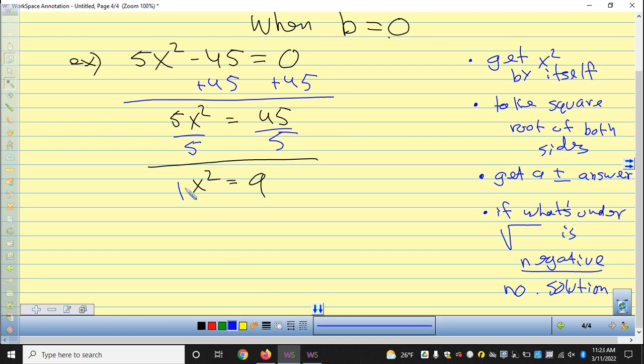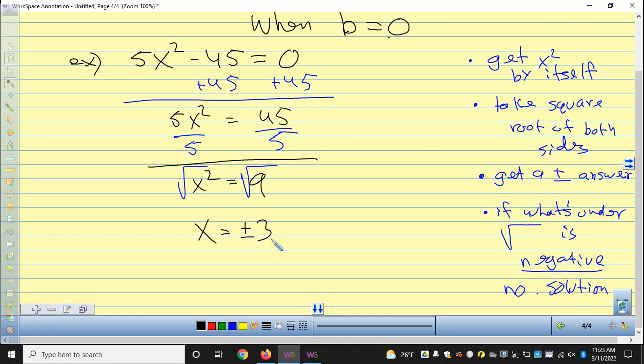Then I take the square root of both sides. Square root of x squared, the square root undoes the square. So the square root of x squared is just x equals, and the square root of 9 is 3, but I get a positive or negative 3.